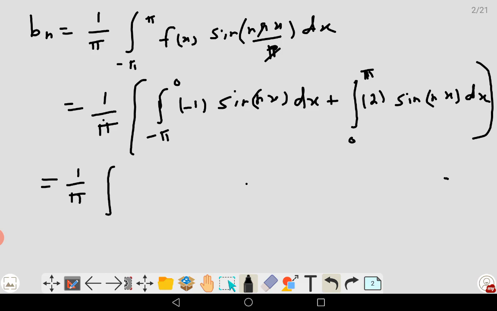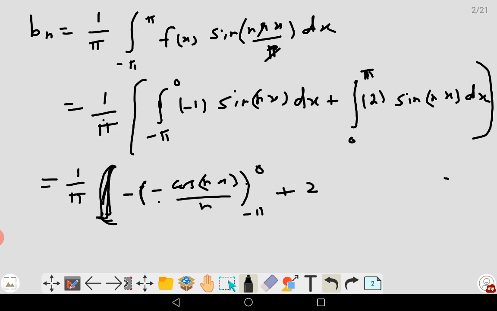Now integrate 1 over pi. First integration will give you, open bracket, negative 1 is outside. Integration of sine will be minus cosine nx over n, from negative pi to 0, so take the negative outside, it will be positive, plus 2 times minus cosine nx over n from 0 to pi.